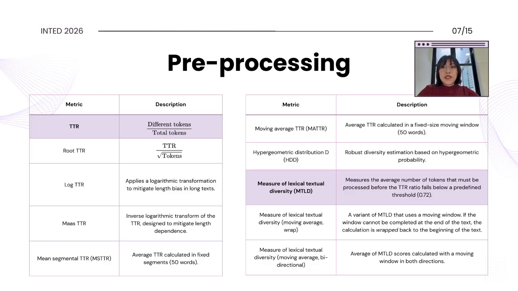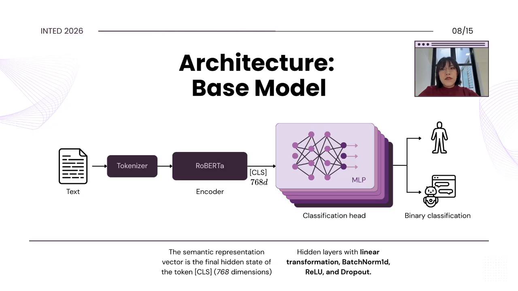To extract these features, we calculated 10 different metrics related to lexical diversity. These range from the standard type token ratio to more robust measures such as the measure of textual lexical diversity, or MTLD. In our base model, we used a pre-trained RoBERTa encoder. We take the final hidden state of the CLS token, which is a 768 dimensional vector representing the semantic coding of the text.